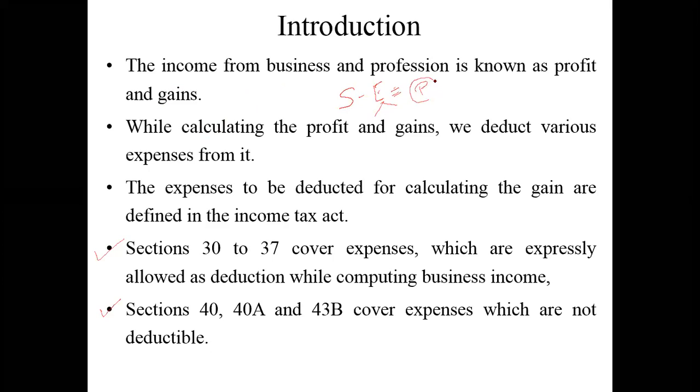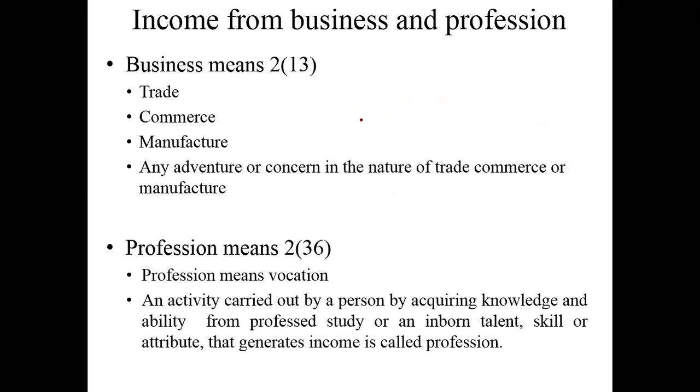So how do we treat this profit? What are the various aspects of how we treat these profits? Everything we are going to understand. Point number 4 and point number 5 talk about what are eligible expenditures, what are eligible deductions that we can take, and what are not eligible expenses which cannot be taken as far as business and profession is concerned. So this slide basically talks about these two important points.